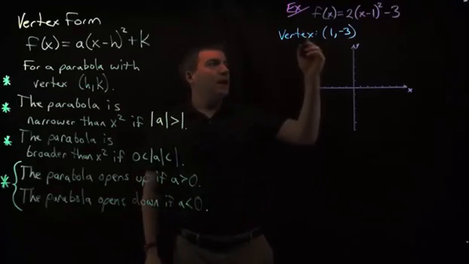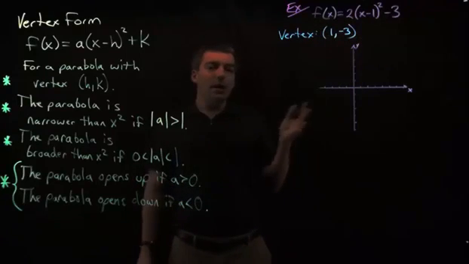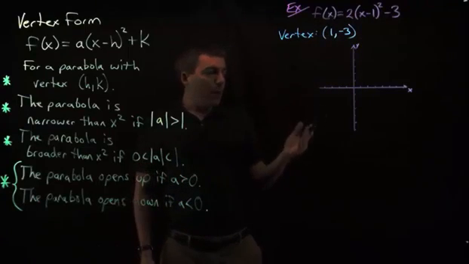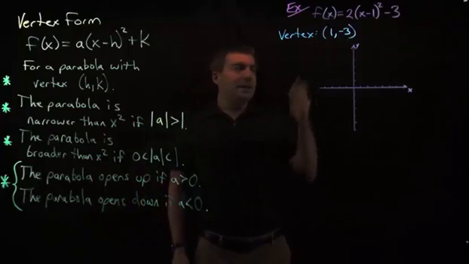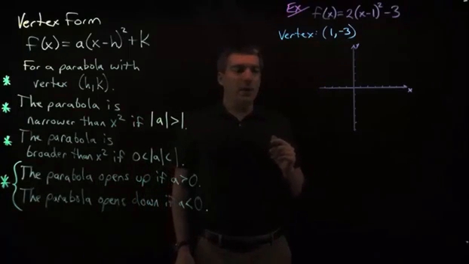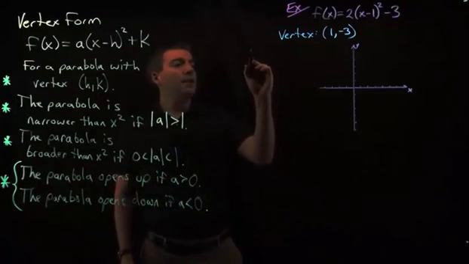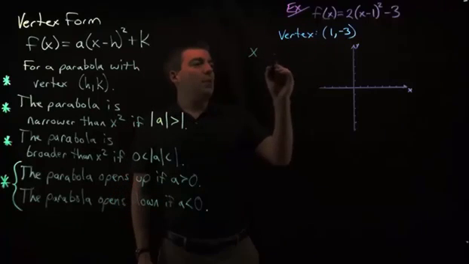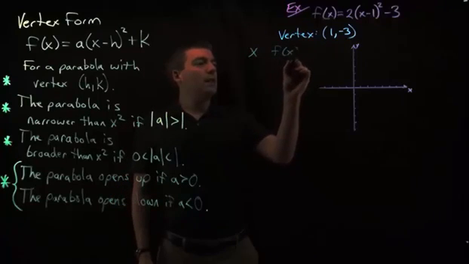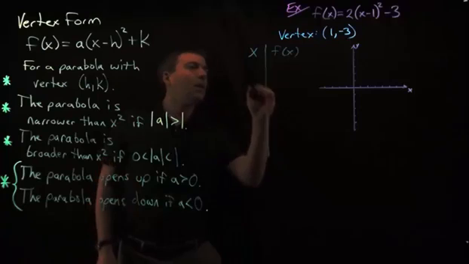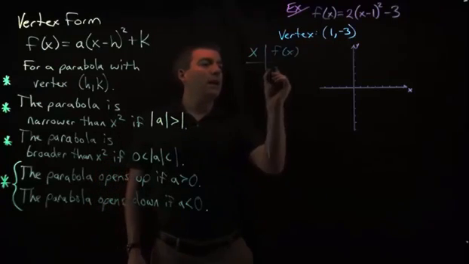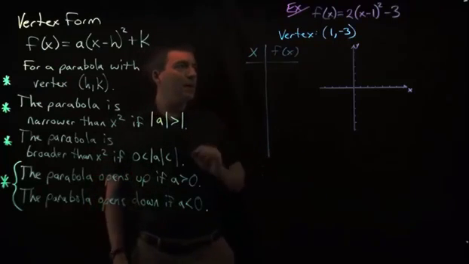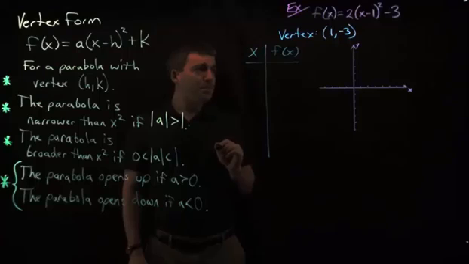All right, I'd like to go ahead and take this quadratic function and plot it as we've done before, and verify that the vertex is indeed at 1, negative 3. So let's start out with x, and then we'll have our f of x. And we'll plug in some x values.